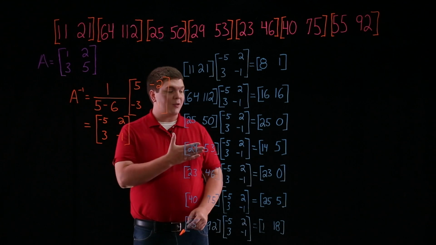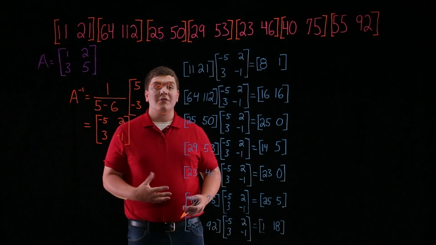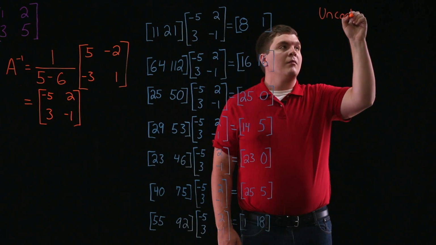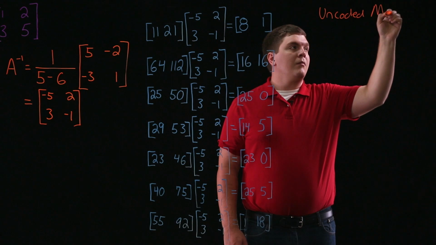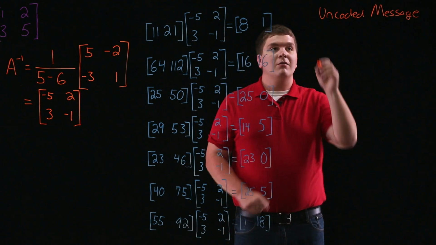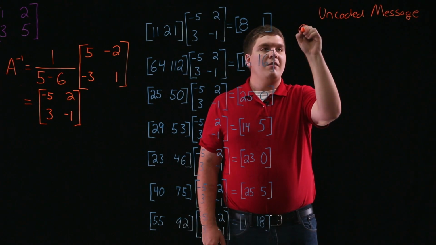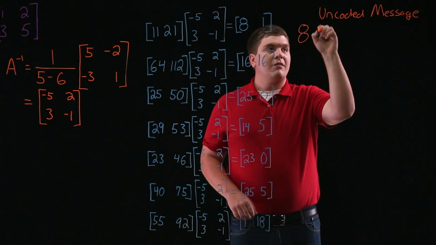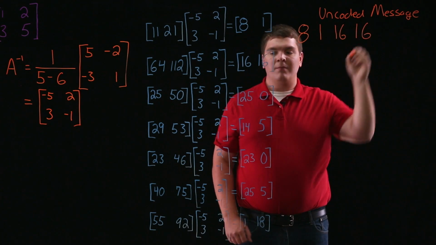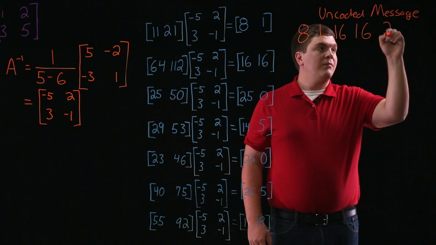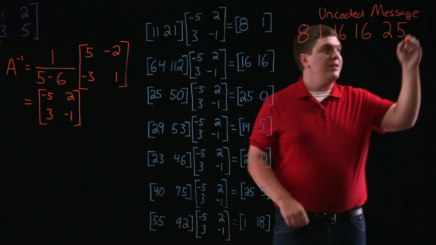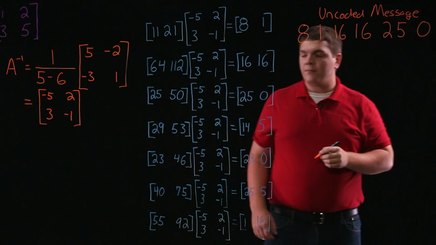Now that we've performed our matrix multiplications, we have our uncoded message. So let's write that down. The first character of our uncoded message will correspond to 8. The second, 1. Then we have 16, 16. Then 25. The zeros are going to represent spaces, so I'll write that down also.